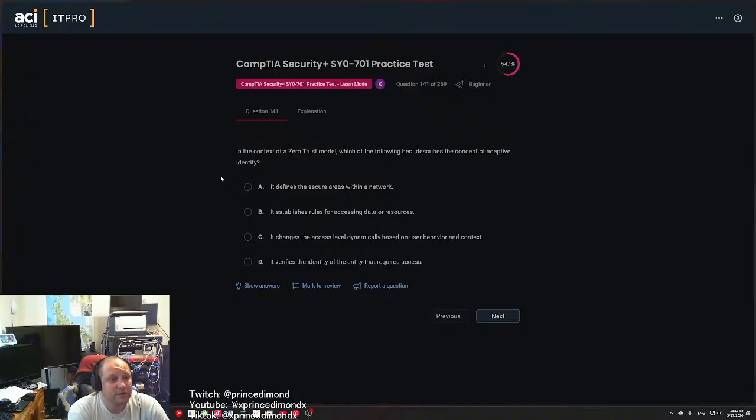In the context of zero trust model, which of the following best describes the concept of adaptive identity? Defines the secure areas within a network. It establishes rules of accessing secure data sources.